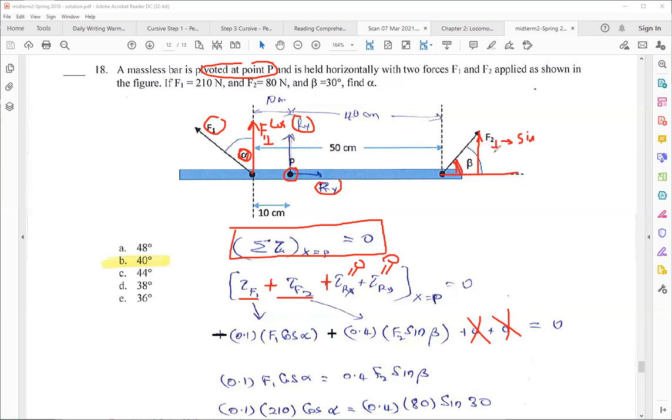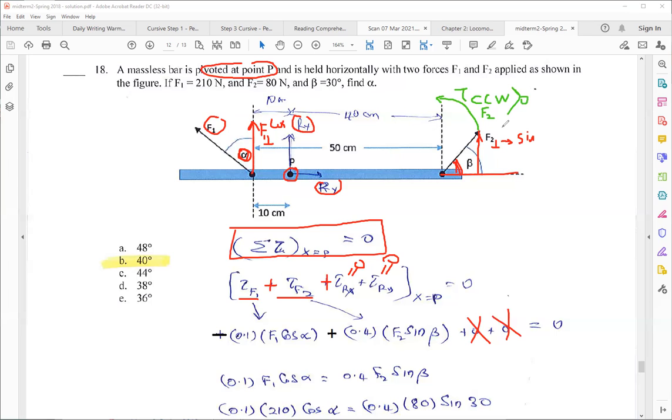Now, which torque is positive, which torque is negative? For force 2, the rotation will tend to be, I'm sure you will all agree, counterclockwise. So the torque due to F2 is positive.